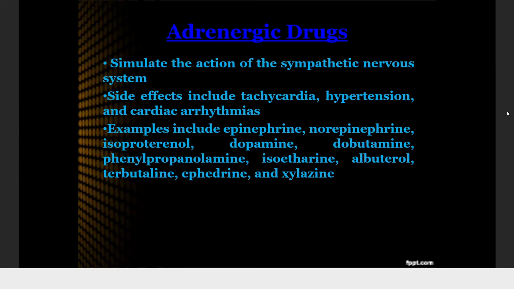And the third use of adrenergic drugs is as a cardiac activator. In this case, you use epinephrine. Epinephrine can be injected directly into the heart to stimulate it after it has stopped beating, due to drowning, for example, suffocation, shock, electrocution, and anesthesia.